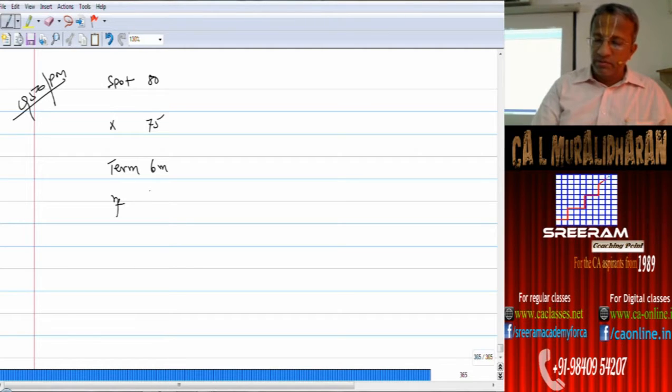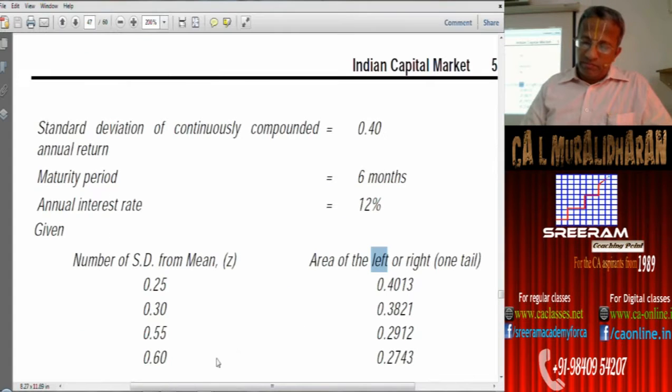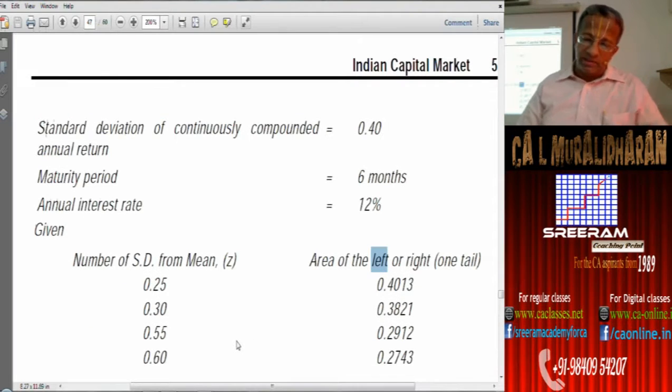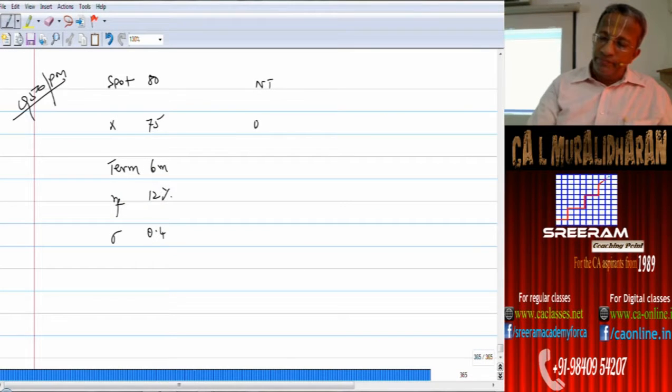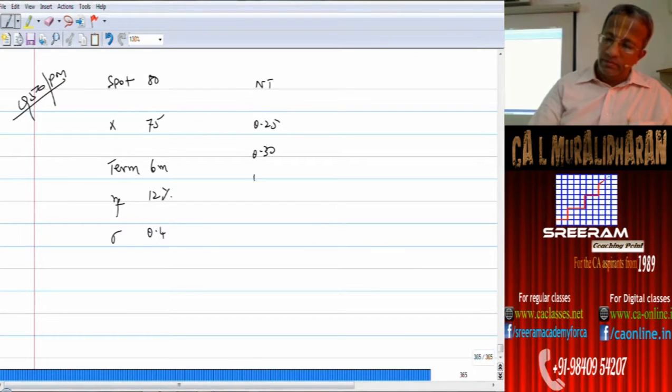RF is 12%. Standard deviation is 0.4, and normal table values are provided in this case against 0.25, 0.30, 0.55, 0.60.